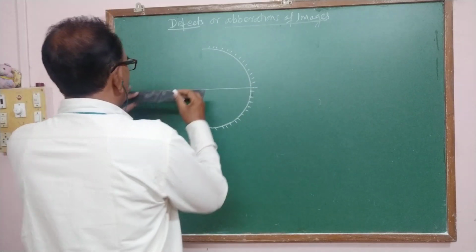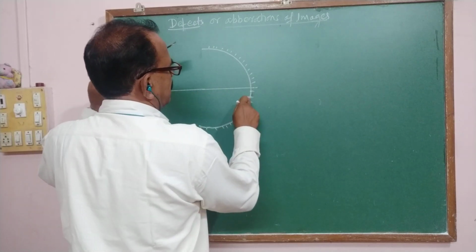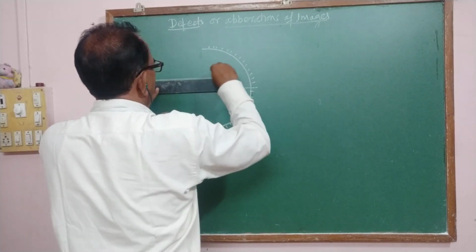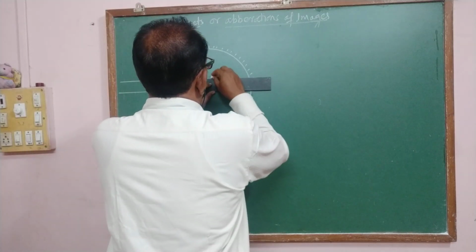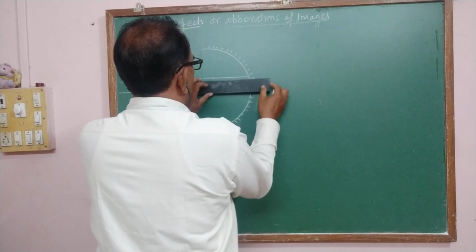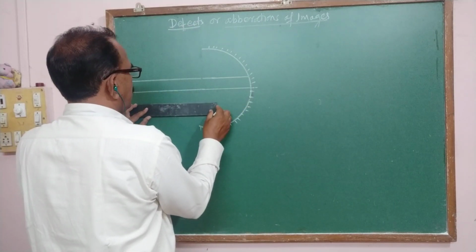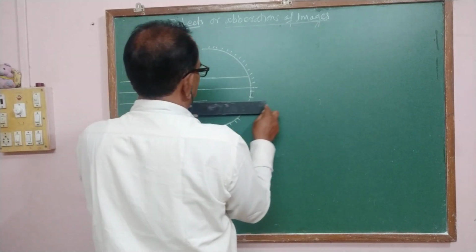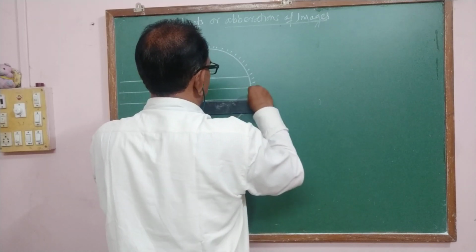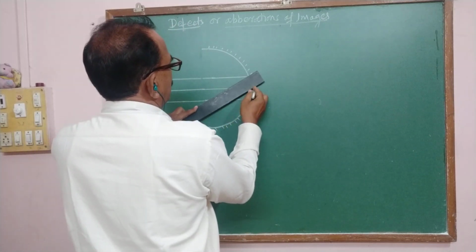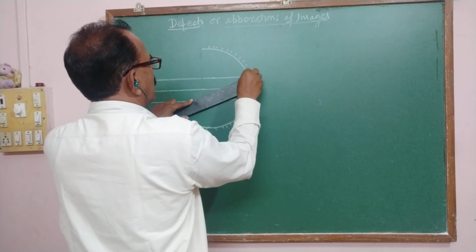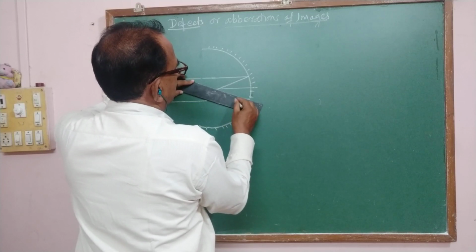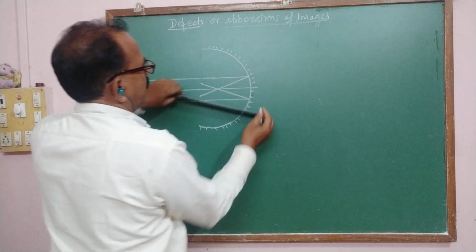When the rays are close to the principal axis, after reflection they will meet at a point called the focal point. Like this.